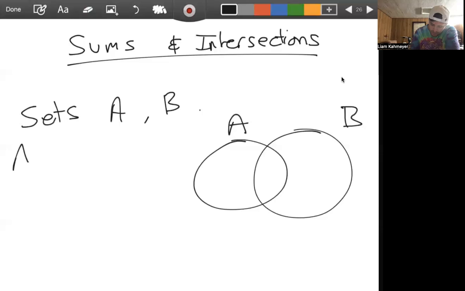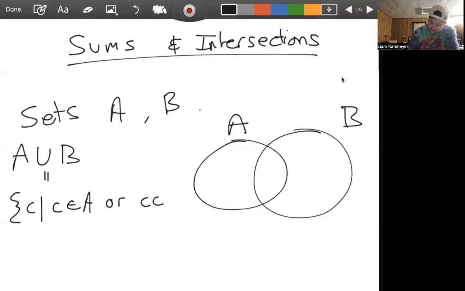Then we know that A union B, this was the collection of elements C such that, well, let's write it down here. This was the collection of elements C such that C is an element of A or C is an element of B, right?